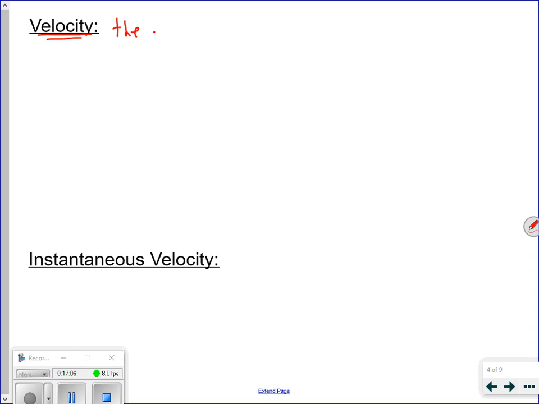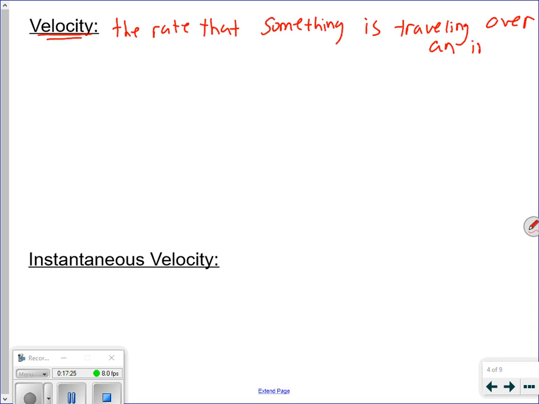This is the rate that something, some object, some person, something, is traveling over an interval. Okay. So it's the rate that something is traveling over an interval. And we have certain notations for certain things that go with this.